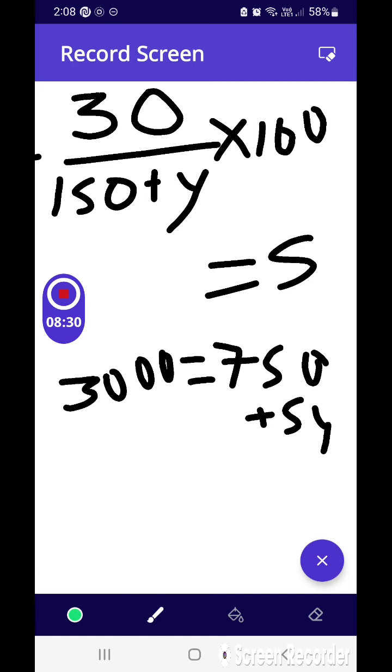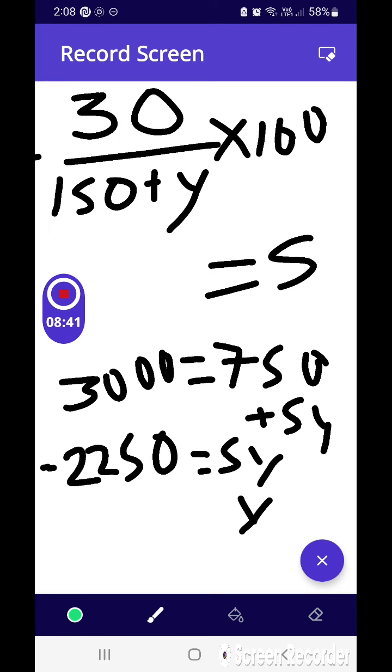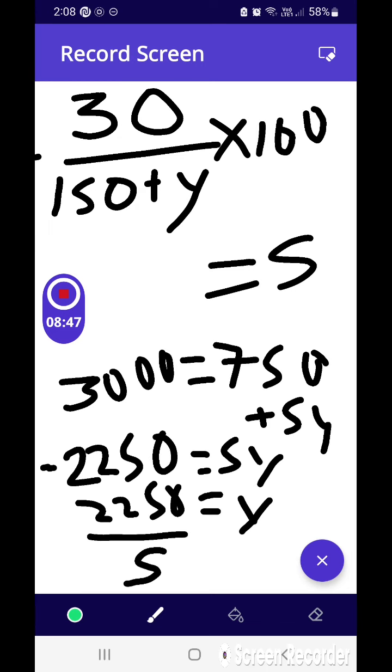So it would become 2250 is equal to 5y. Now y would be 2250 by 5. When we will cut this by 5, we will get 450 as the answer.